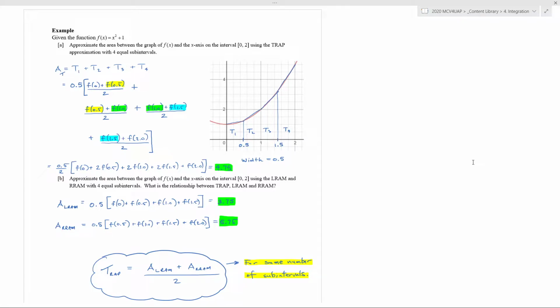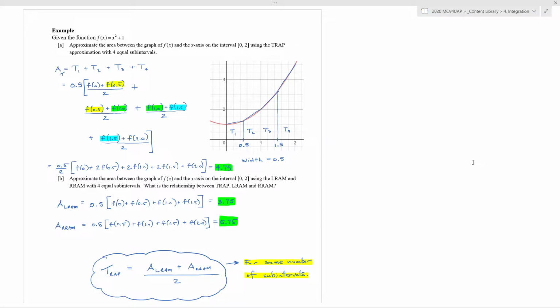Because you're finding the average, you divide by 2. And then for the fourth trapezoid, it would be f at 1.5 plus f at 2.0 divided by 2. And then I close the bracket. So I have 4 terms inside the square parentheses, and I'm going to multiply those by 0.5, which is the width of each trapezoid.